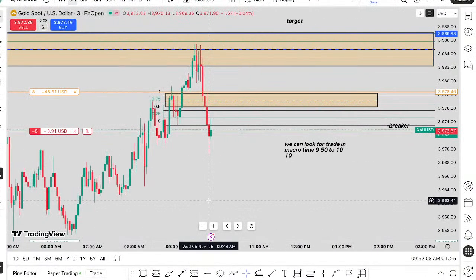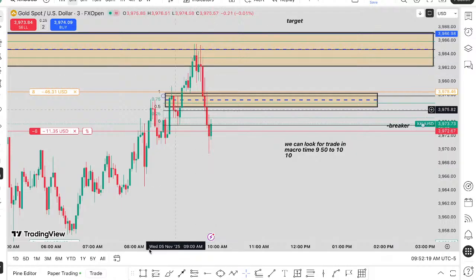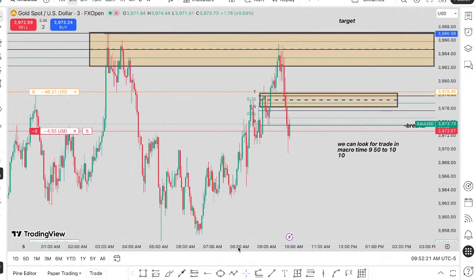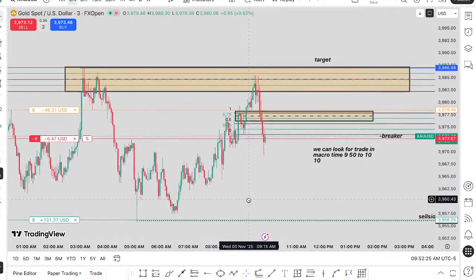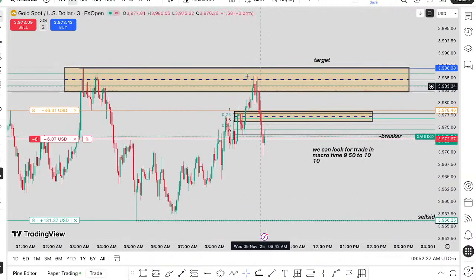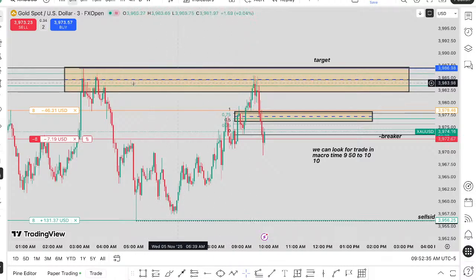So welcome back. As you can see, price touched the breaker block, and this is also kind of seeing the market in such a way that price could not take the previous high, so they went above into a rejection block.